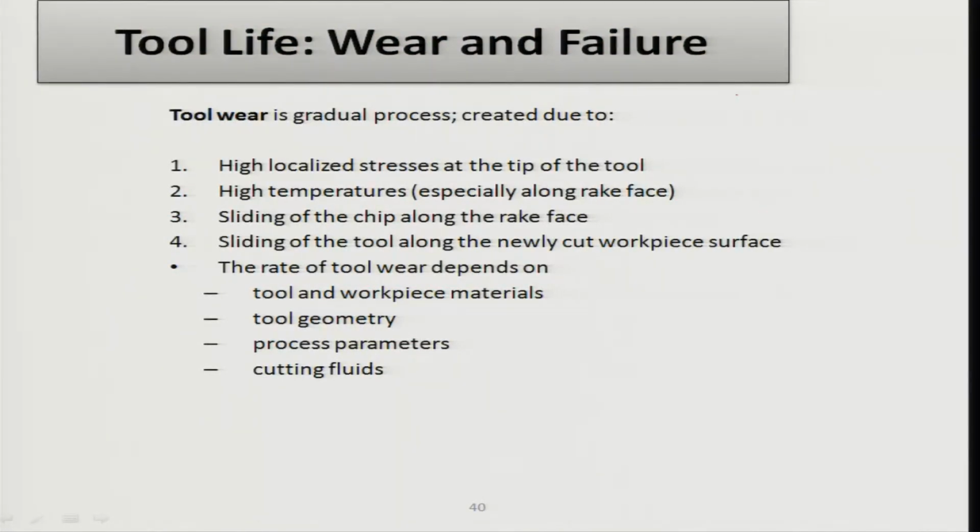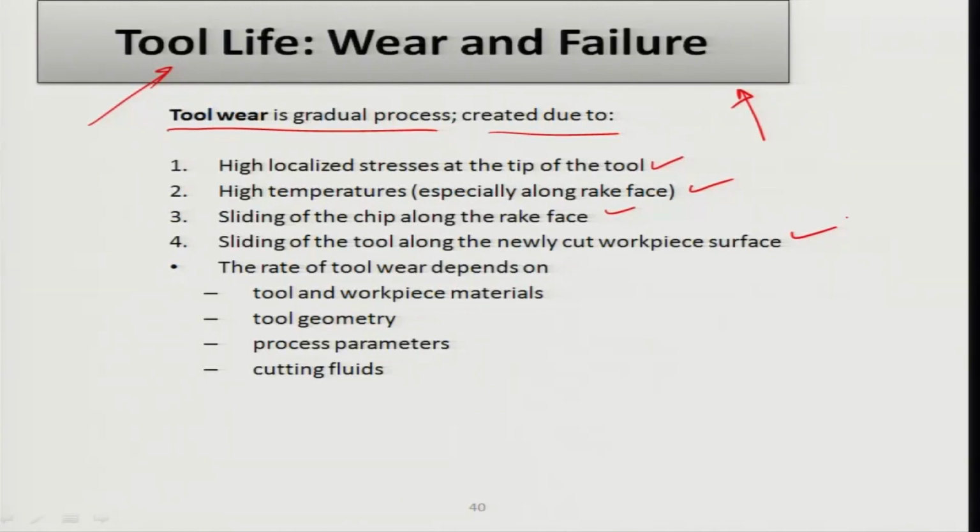The other issue I wanted to emphasize is that because of all this temperature rise, severe plastic deformation of the chip material, and formation of built-up edge, there is an effect on the tool life, particularly because of the wear and failure of the tool in many cases, or in some cases a protectant layer forms because of which the tool life may increase. So, tool wear is a gradual process created due to high localized stresses at the tip of the tool, also because of high temperatures, especially along the rake face, sliding of the chip along the rake face, and sliding of the tool along the newly cut workpiece surface.